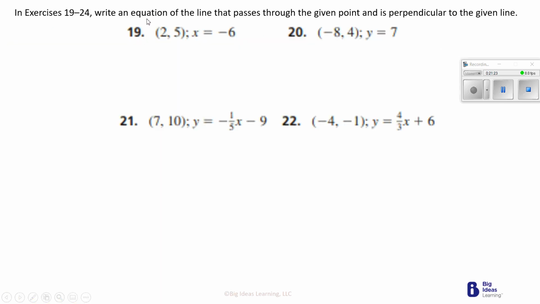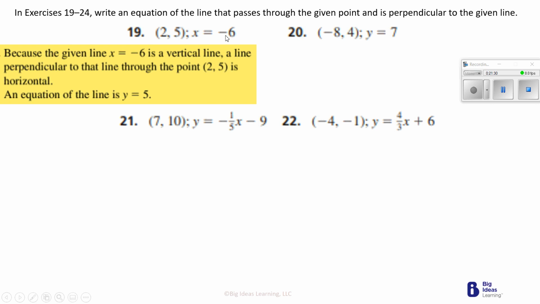Let's go to 19. Write an equation of the line that passes through the given points and is perpendicular. Well, for 19, since x is negative 6, I know that I'm going to be looking for a perpendicular line through the point 2, 5 that is going to be horizontal, not vertical, which means that y equals 5, right?